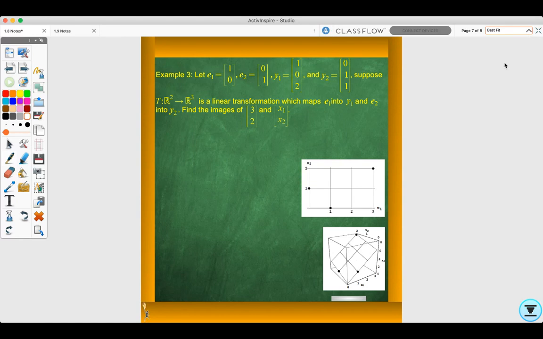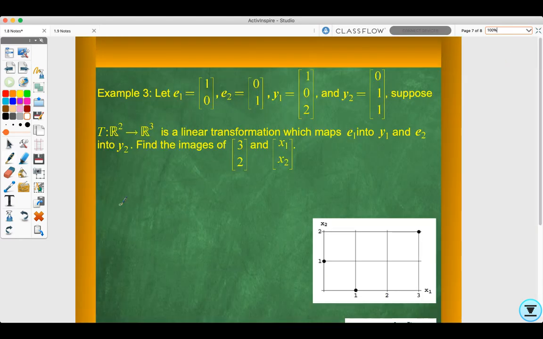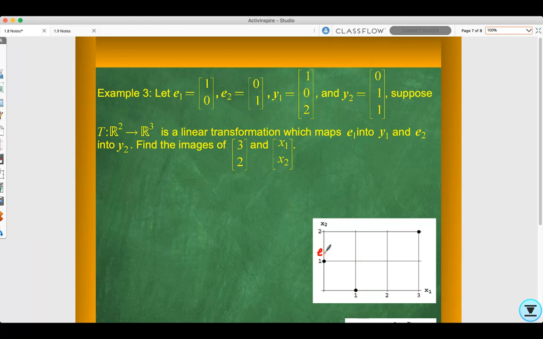Let's go ahead and look at this one. Example 3, let e1 be 1, 0, e2 be 0, 1, y1 be 1, 0, 2, y2 be 0, 1, 1. Suppose T, a transformation from R2 to R3, is a linear transformation which maps e1 into y1 and e2 into y2. Find the images of 3, 2, and x1, x2. So our first step is, if I'm looking at these down here, this right here is e1.